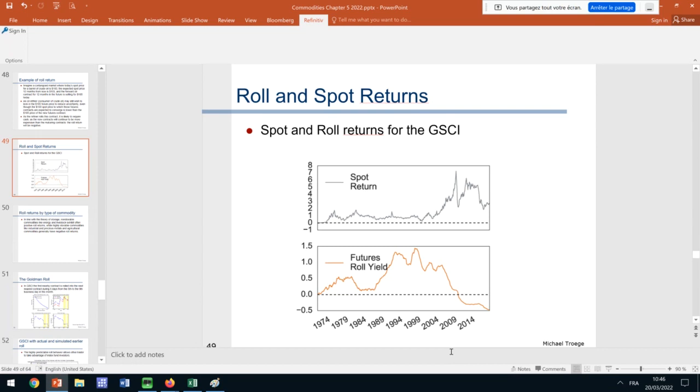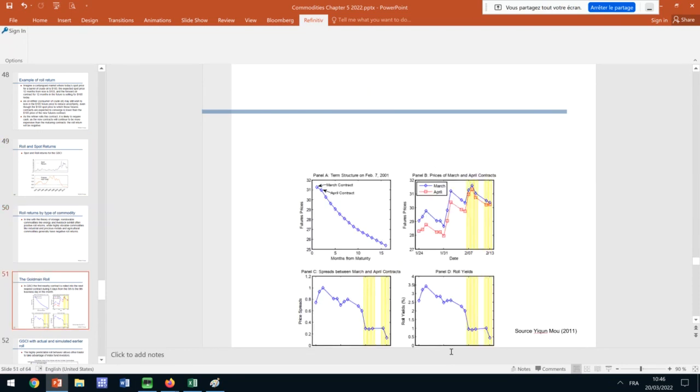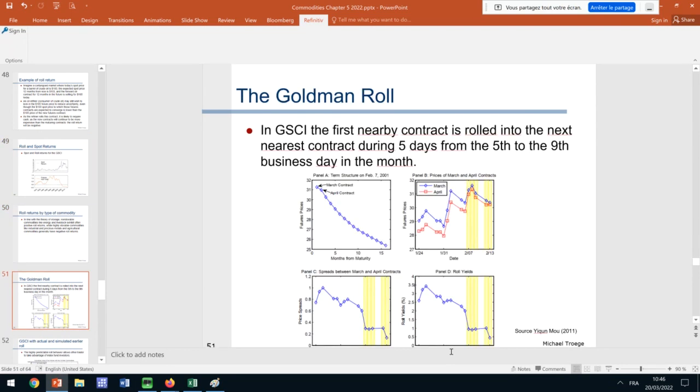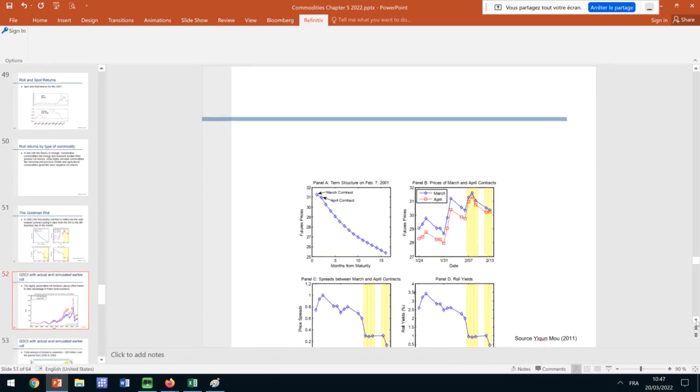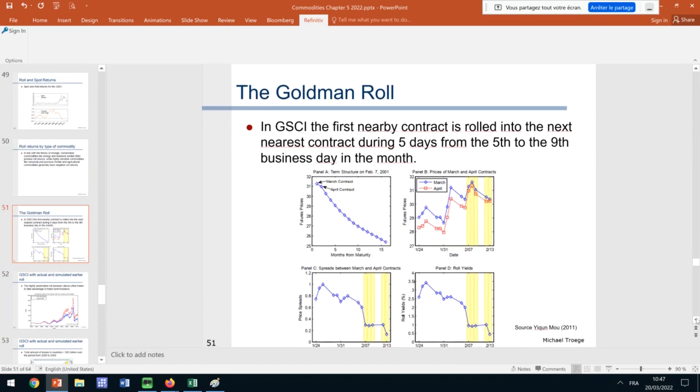Now, because you asked the question and because it's a really interesting fact, let me show you some details about this rolling period. We said it doesn't seem like a good idea because other investors will know that these funds have to exit their futures contracts in 5 days. Here's the exact contract.